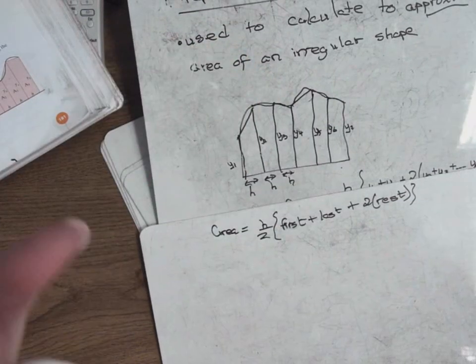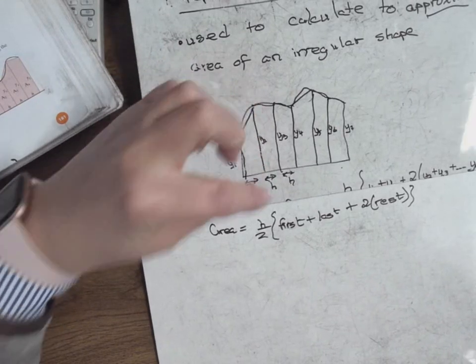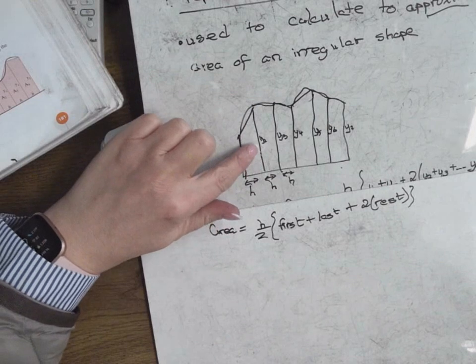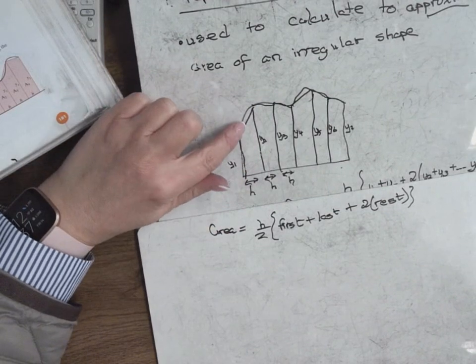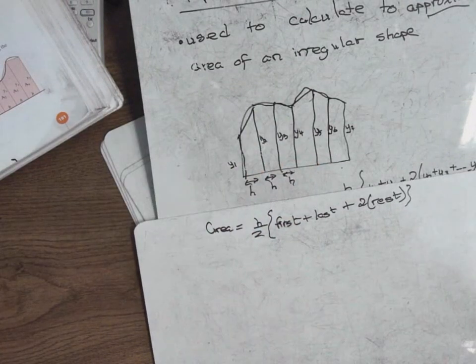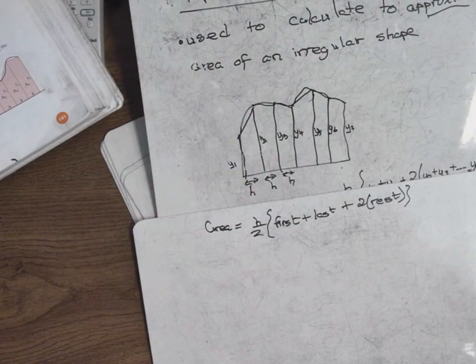It's a trapezium turned on its side. These are the two parallel lines and the perpendicular height between them is h. So you're getting the area of this trapezium. You're short a little bit, but on some of the other ones you'll have an extra little bit added in. So that's where it comes from.